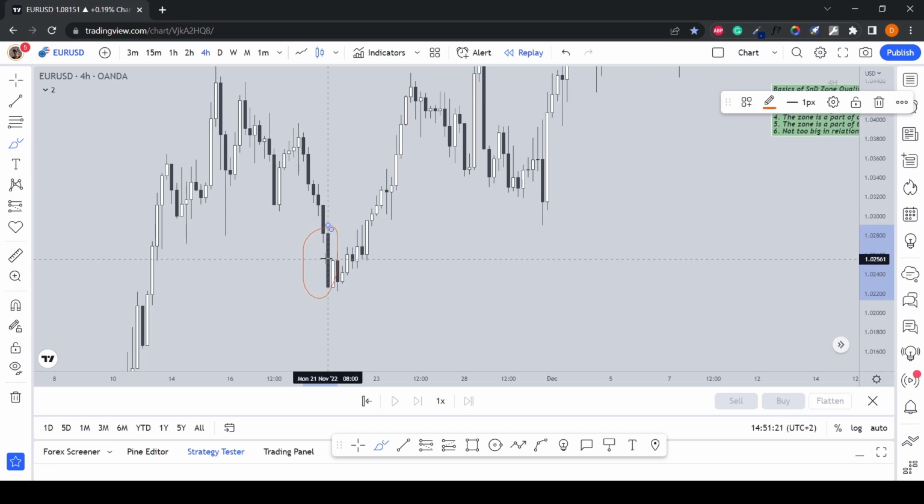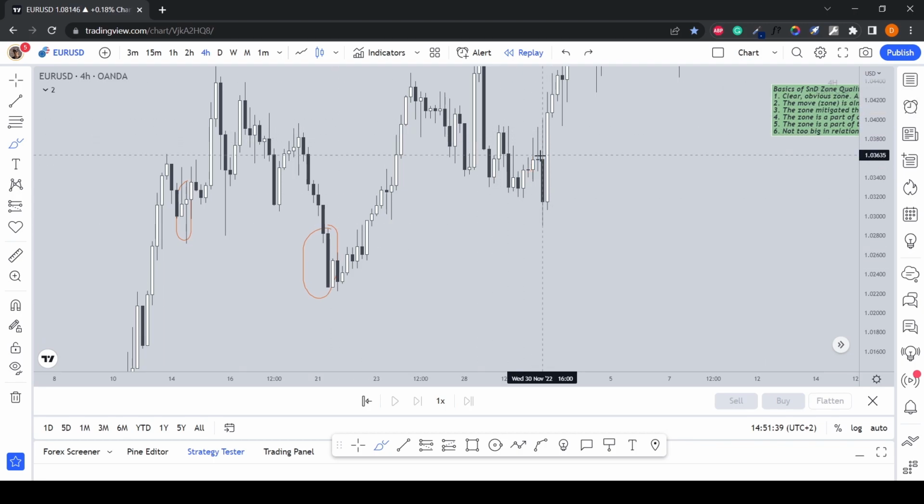And on the contrary, if you are looking at your zone with a candle like this, so with big wicks and small body, like small doji candle, it means that there is no volume in these candles, most likely.